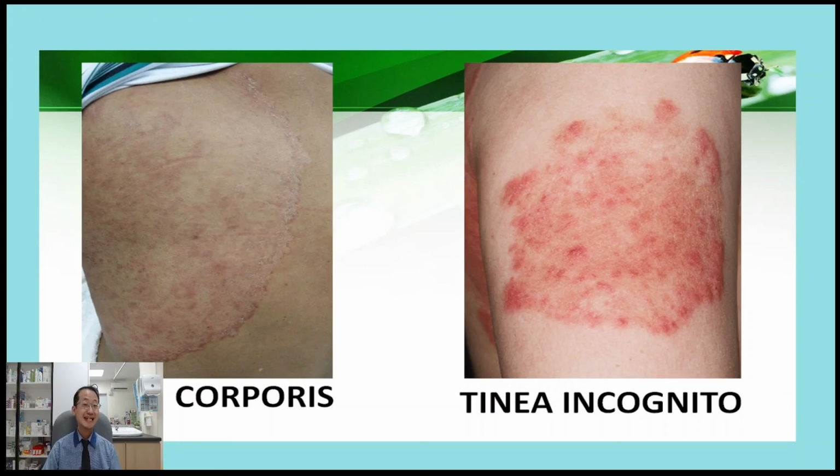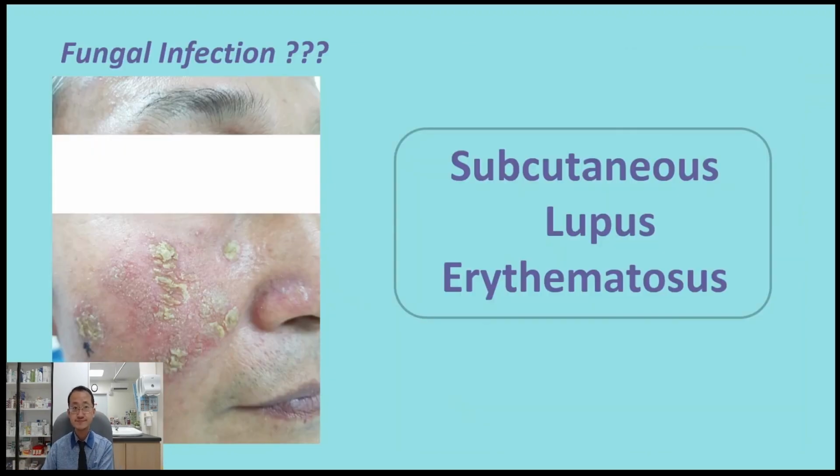This is called tinea incognito. So I don't really like to add on steroid most of the time, unless the patient has a pre-existing skin condition that requires topical steroid, then I will add on, or I will use a combination of steroid plus antifungal.